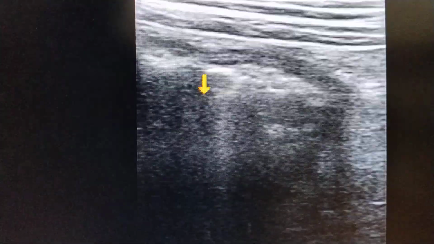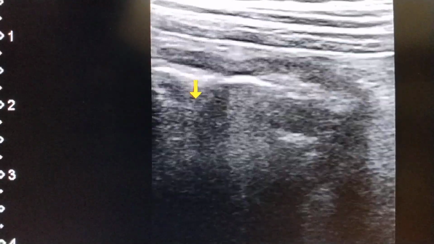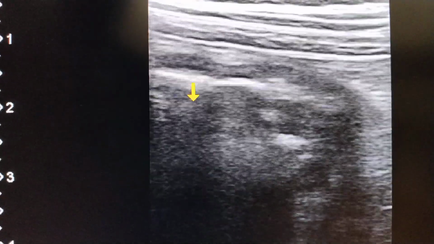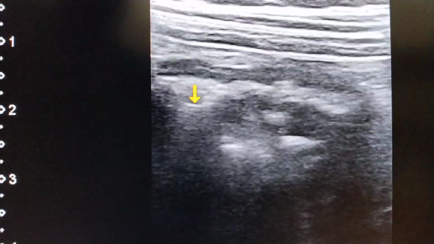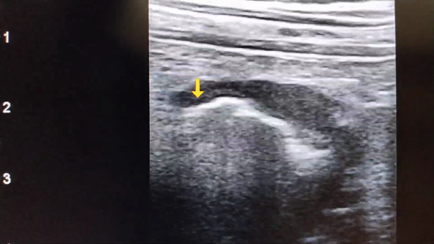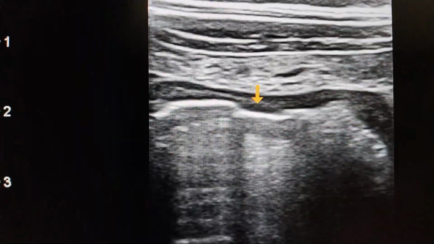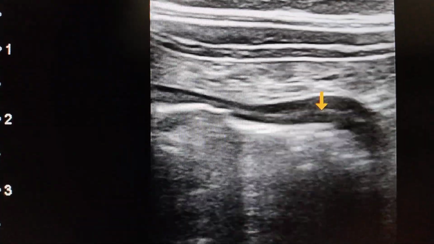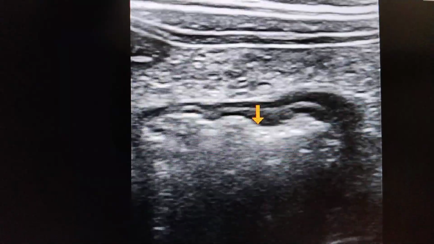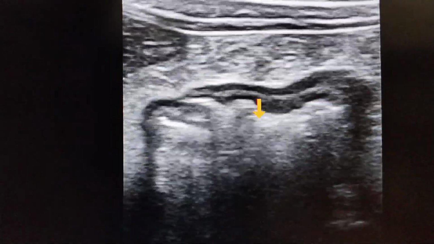This is now the ascending colon. I have reached from the right hypochondrium to the right lower abdomen, right paracolic gutter region. Also the same appearance as the descending, sigmoid, transverse and flexures.